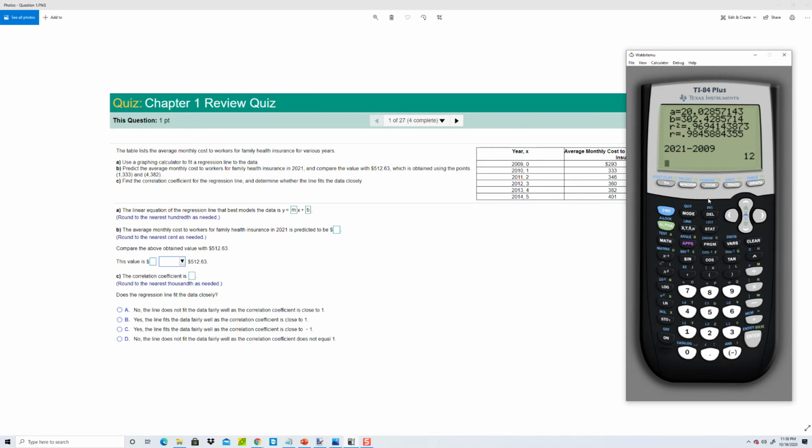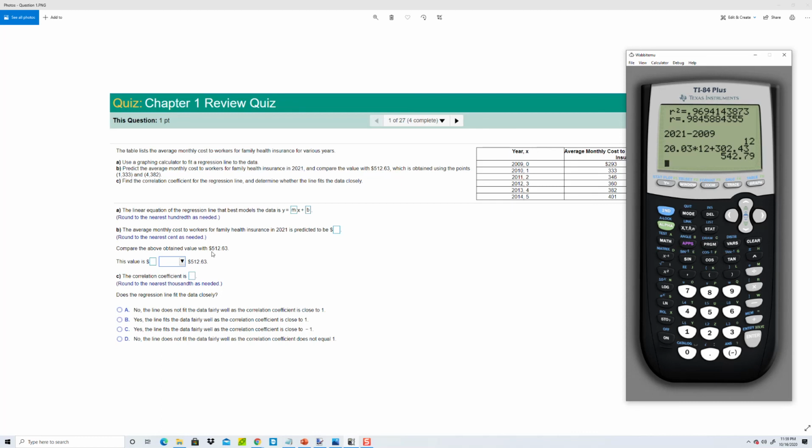I wrote it down, and it's 20.03x. I'm going to take that times 12 because that's what our x is, plus 302.43. Let's see, round to the nearest cent. So cent is 2 decimal places, so it'll be 542.79.